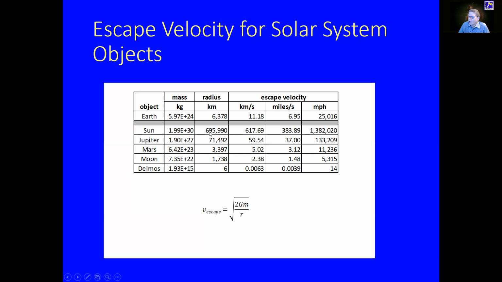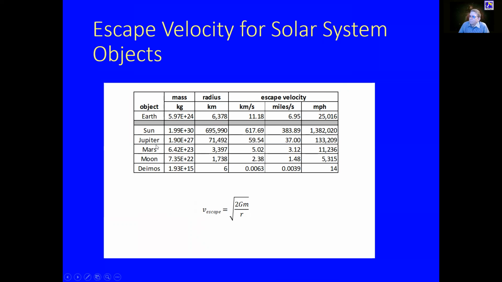The radius of the sun out to the diameter that we can see it visually is 695,990 kilometers. And if you punch that into your escape velocity equation down here that we described before, you get almost 618 kilometers per second, which is 1,382,000 miles per hour. That's the escape velocity of the sun, launching from the sun's surface.